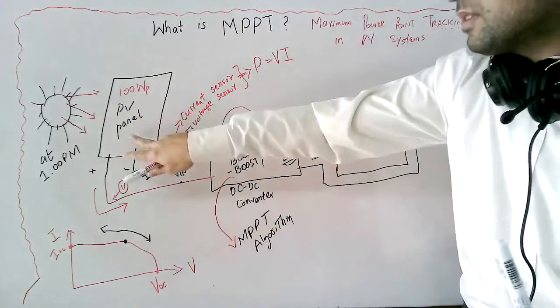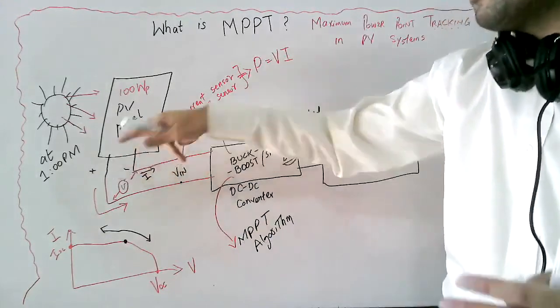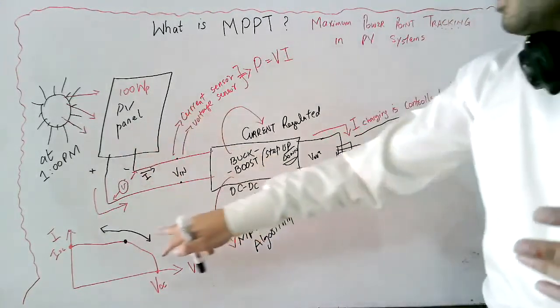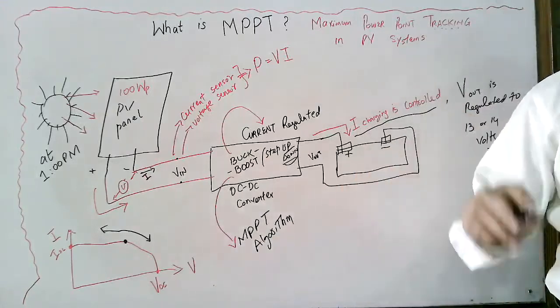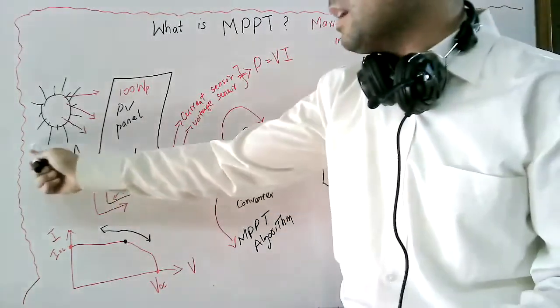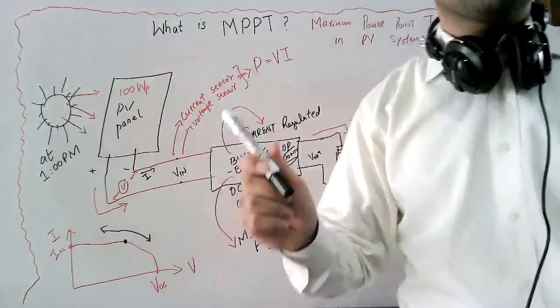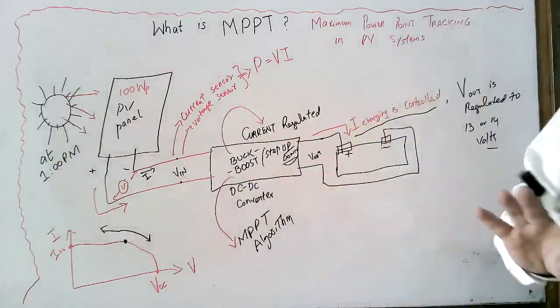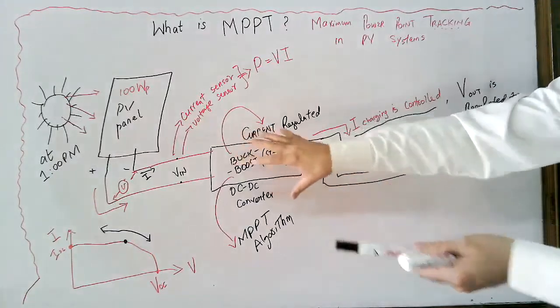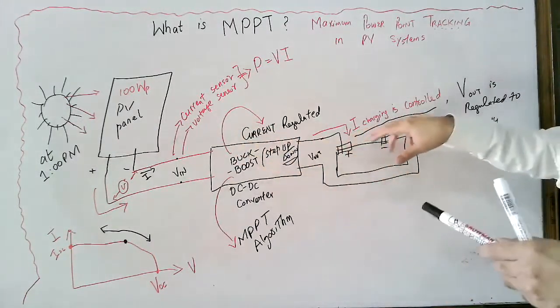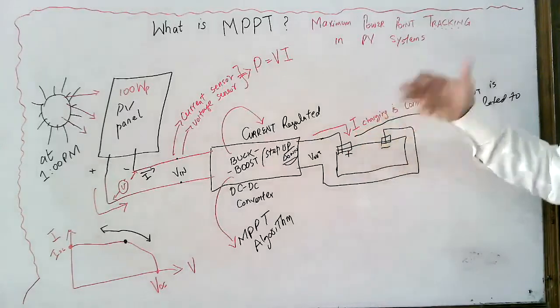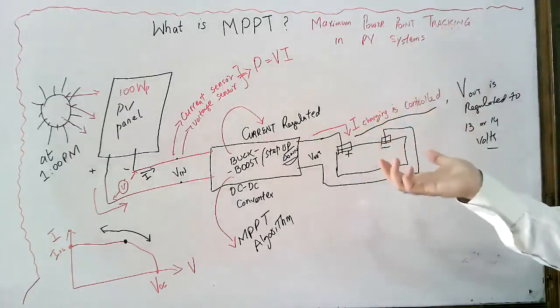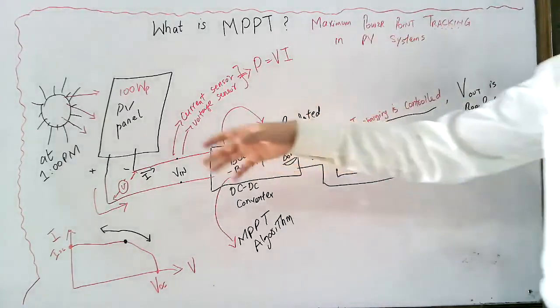Hence, from the same PV panel, we are able to extract maximum power at any instant, let's say at 1 p.m. If there is no such algorithm implemented, there will be only a battery charger, and this charging current will always be kept maximum, and there will be no such power point tracking.